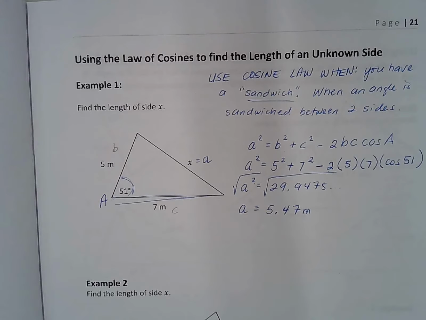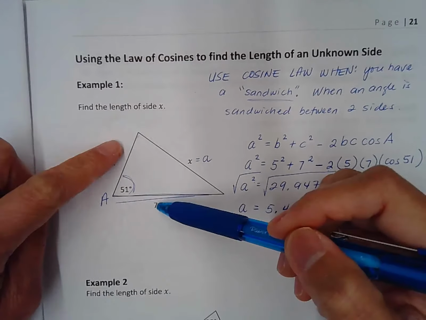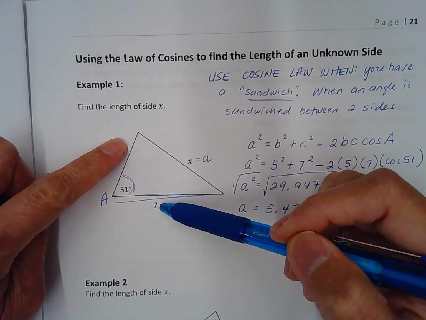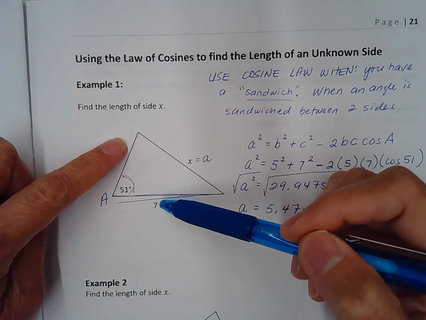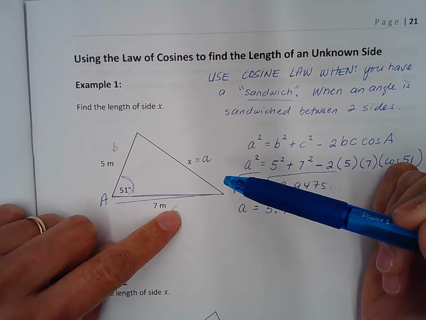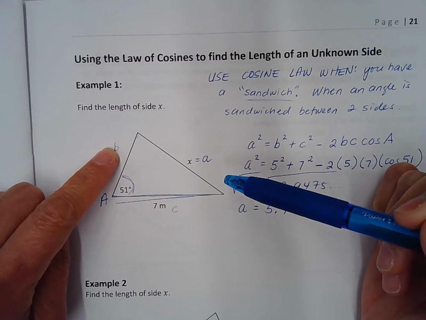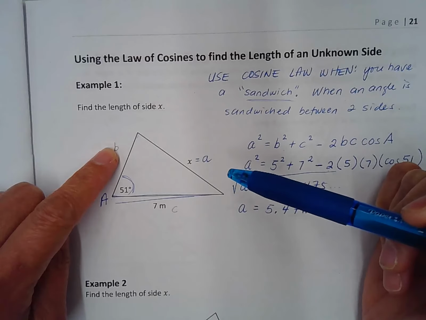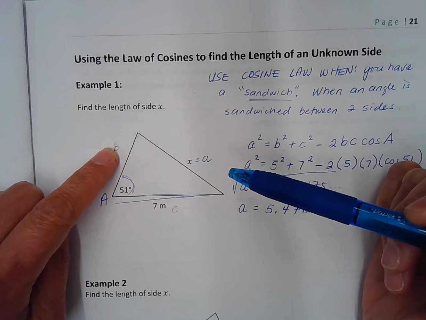How do you know that 5 is B? That's a good question. You only have two sides, right? You could call this B, then this is C. It doesn't matter when we change it.